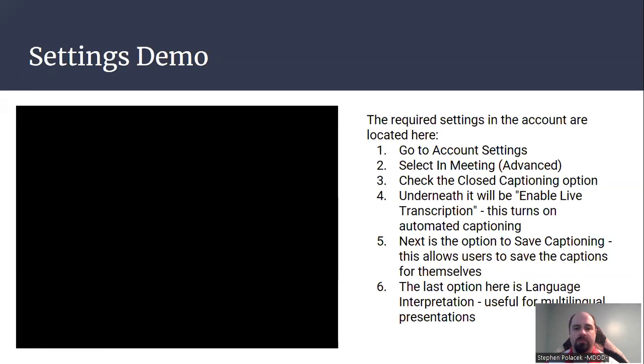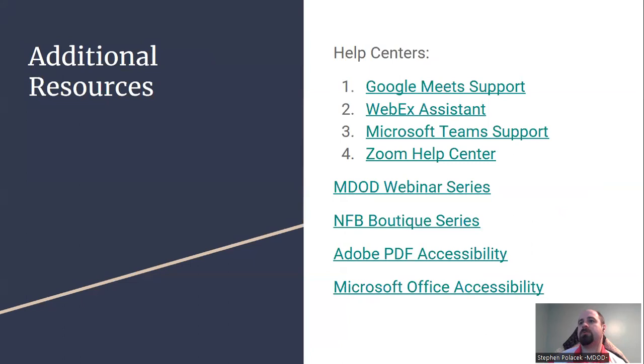All right. Finally, here are some additional resources you might find useful for this. There are the support centers for all four major platforms we talked about. There is a link to our webinar series on our YouTube channel.